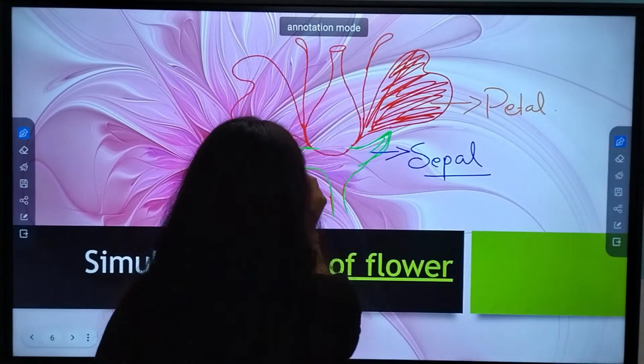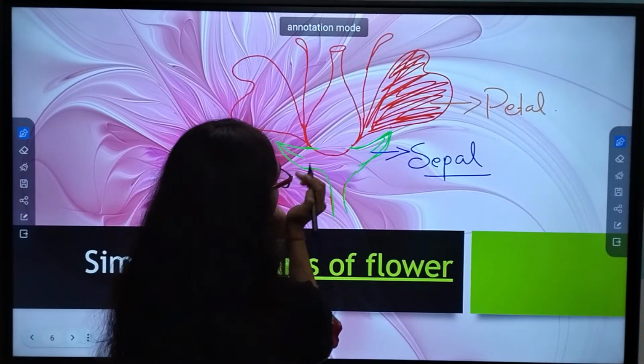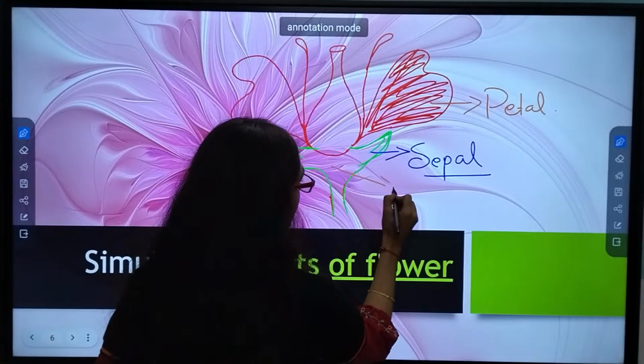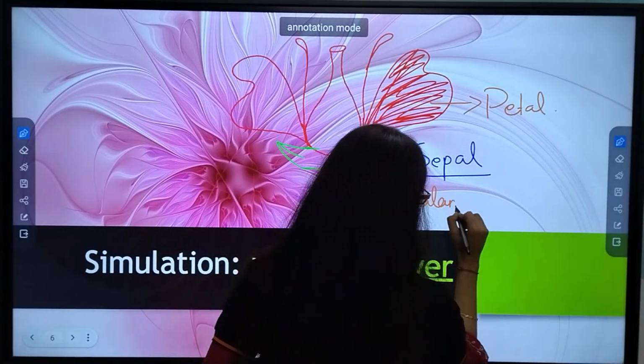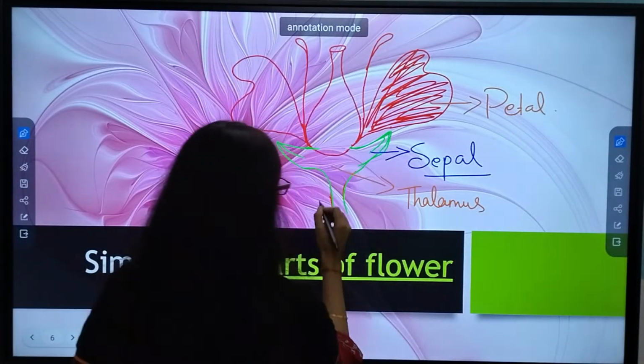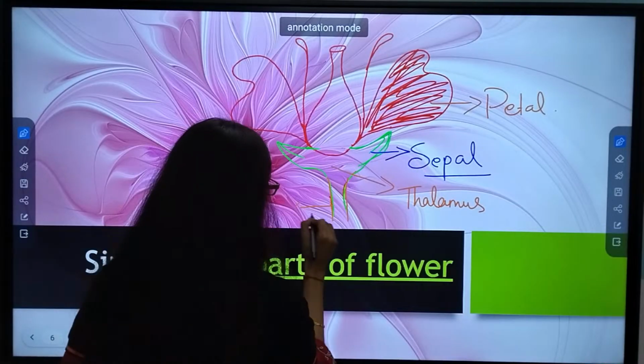And this thing that is holding the flower is known as thalamus, and this stalk coming out is known as pedicel.